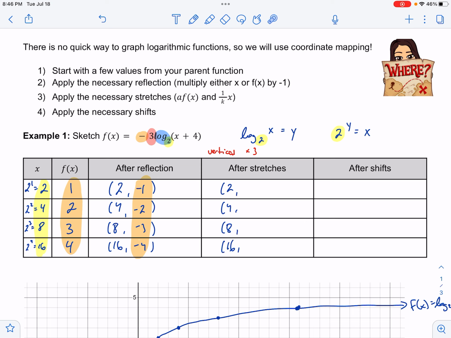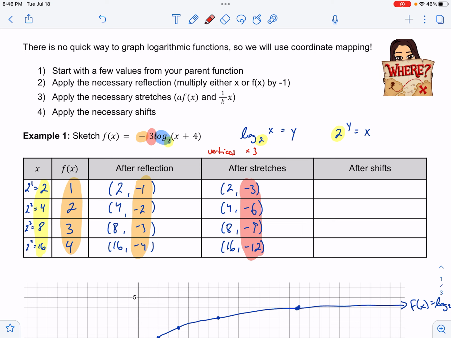And now I'm going to reference my newest y values when I'm multiplying by 3. So negative 1 times 3 is negative 3. Negative 2 times 3 is negative 6. Negative 3 times 3 is negative 9, and negative 4 times 3 is negative 12. So all of those numbers have now been multiplied by that a value to reflect our vertical stretch.